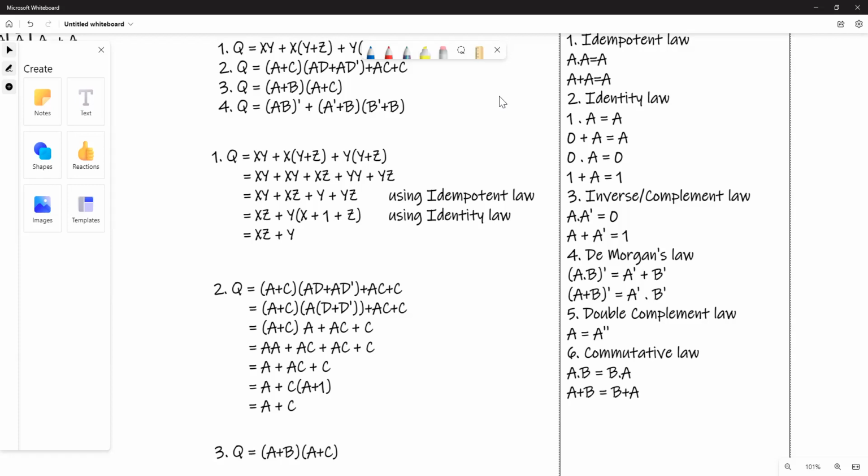Right? That is what we call distributive law. So in the distributive law, what is the second one?